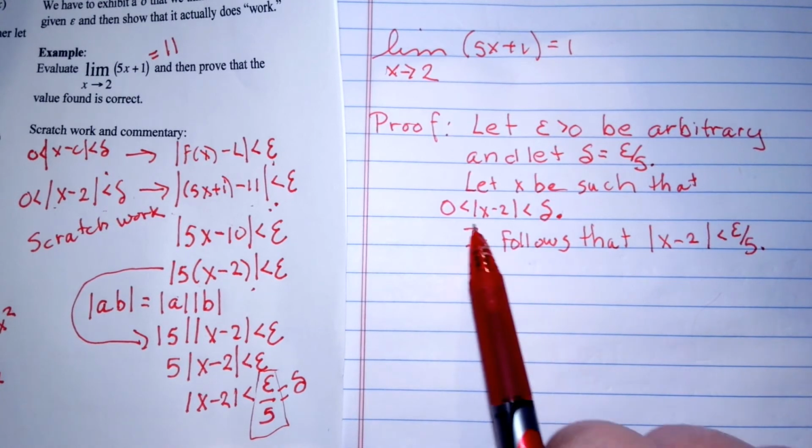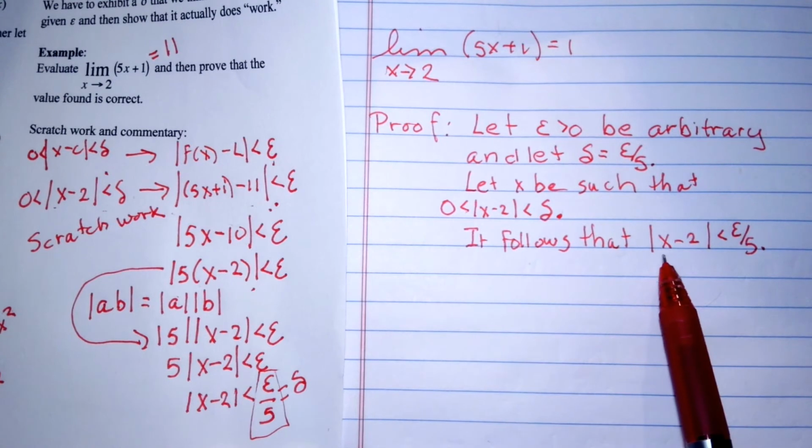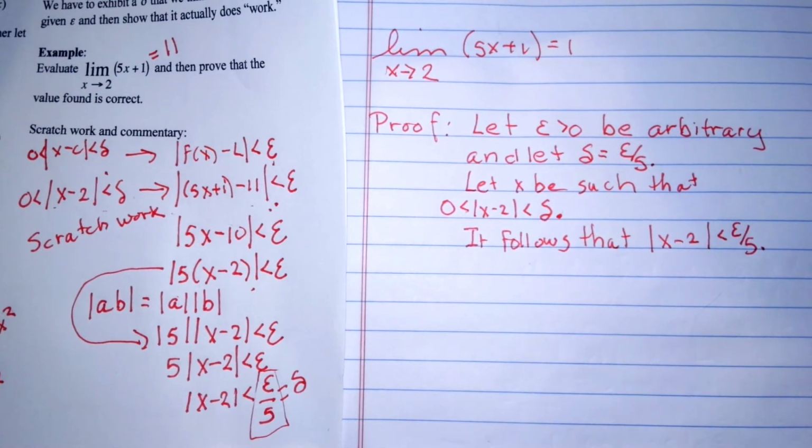Now, you'll notice I left off the 0 is less than part. That's because while that is necessary to keep x from going all the way to 2, it's not necessary for the algebra that we're doing.